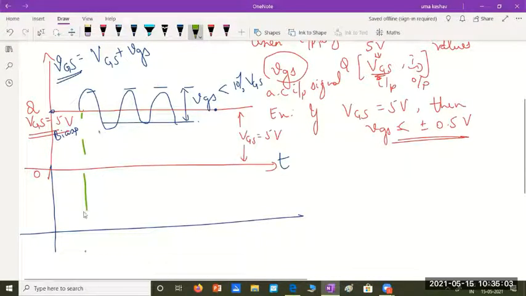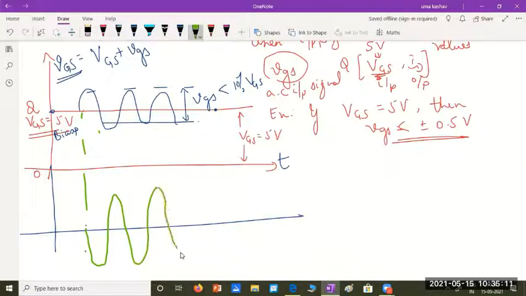You see here, I would get an amplified and inverted output. Just like your BJT, this is output, this is input. You'll be getting, you see it is inverted. Positive half cycle, I have negative, but the magnitude is increased.